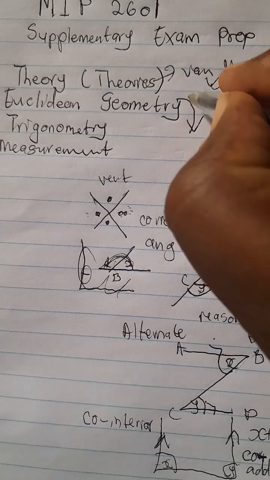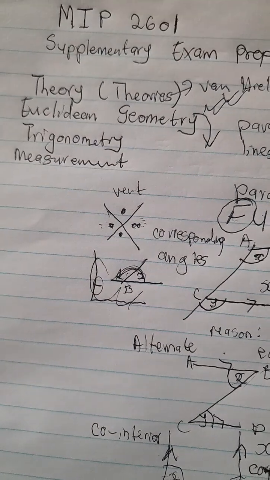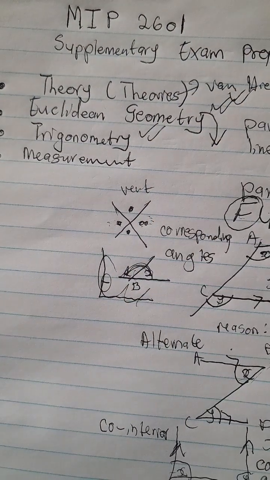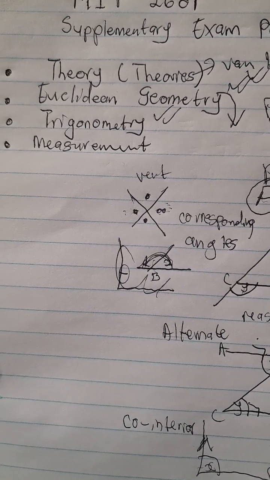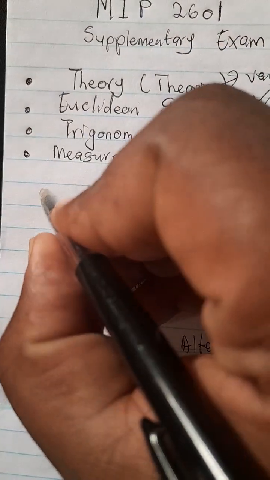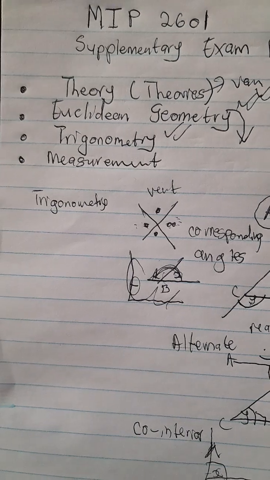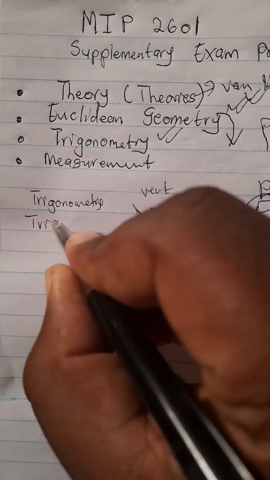Then we have talked about Euclidean geometry. You also have to know the theory as well. So then thirdly, what follows Euclidean geometry is trigonometry. So under trigonometry, guys, you will do well to know your trig ratios.